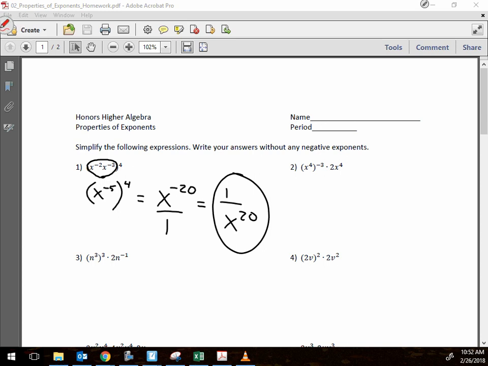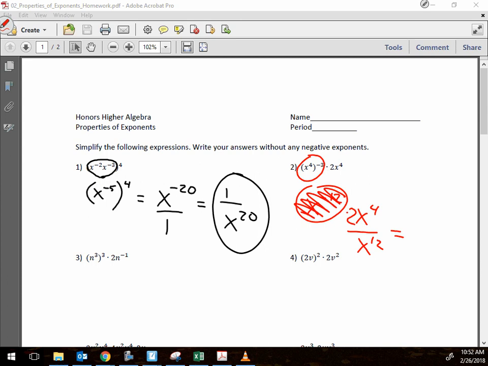And then number 2. x to the negative 12 times 2x to the 4th. And then I personally am annoyed with these x to the negative 12, so I'm going to put them down on the lower level and make them happy because I don't like people that are unhappy all the time.